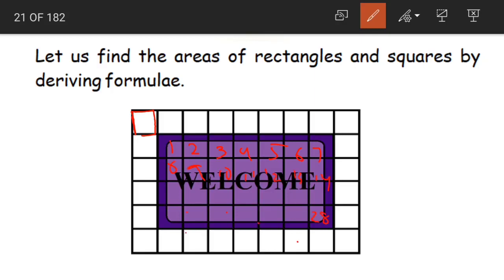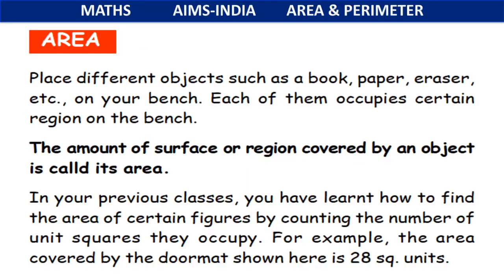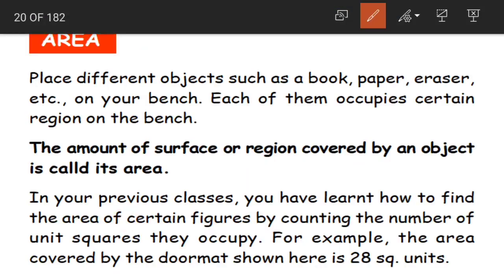If you count the number of squares occupied by this doormat, it is completely occupying 28 squares. So the area covered by the doormat shown here would be 28 square units. If you observe, we are mentioning the SQ here. SQ means square. SQ units.